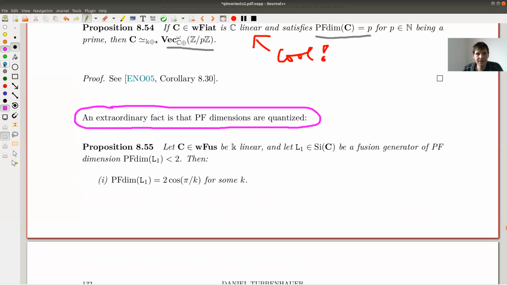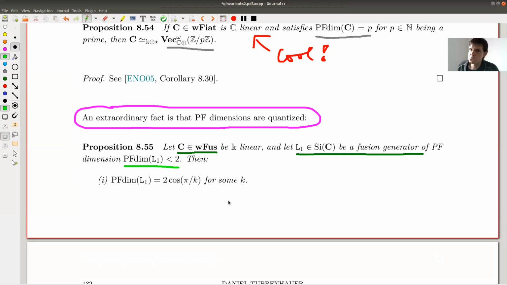And here's a classification by PF dimension. It's amazing. It's pretty simple in the end. It boils down to computing certain eigenvalues of matrices. So let's say you have a fusion category, and let's say you have a simple fusion generator of PF dimension smaller than 2.